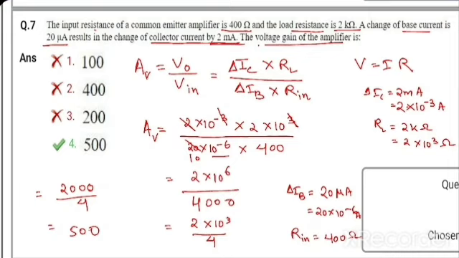The voltage gain of the amplifier is 500. Option 4 is our correct answer.